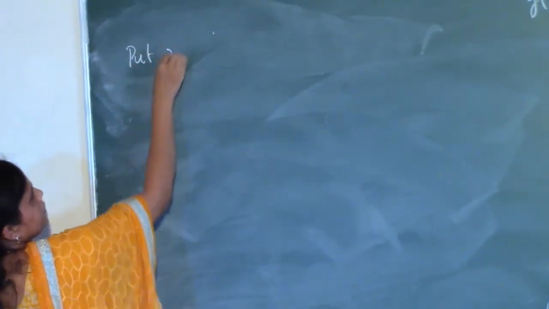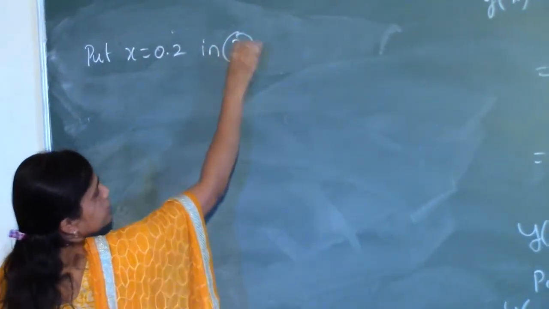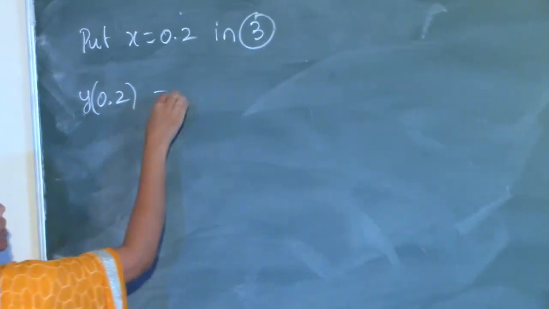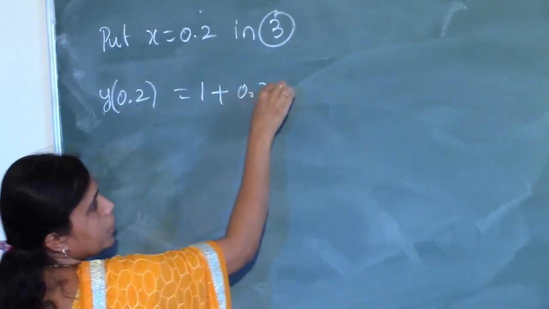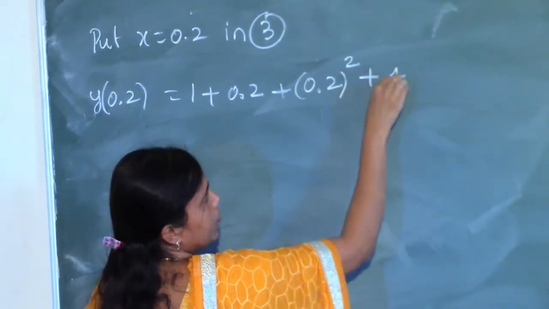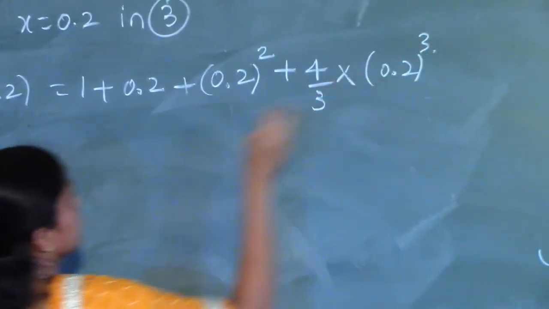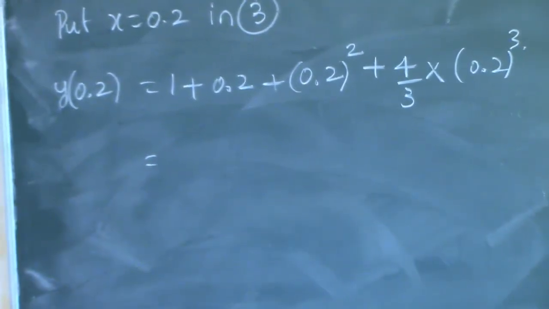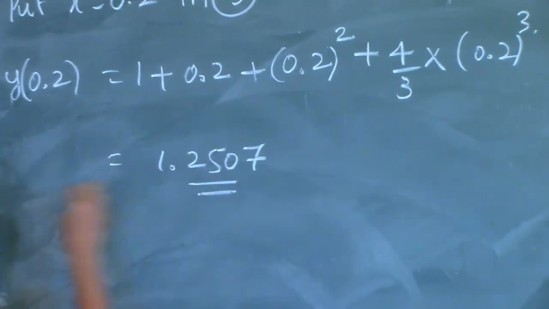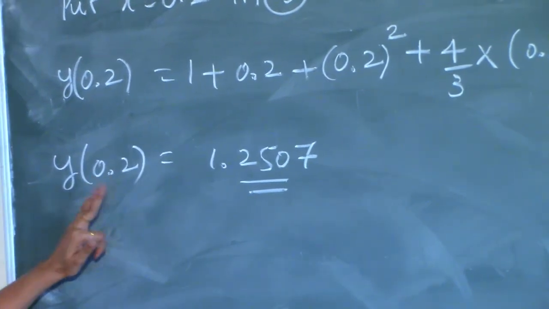So y of 0.2 is equal to 1 plus 0.2 plus 0.2 whole square plus 4 by 3 into 0.2 whole cube. So after simplifying all these values, we will get 1.2507. So this is the value of y of x at x is equal to 0.2.